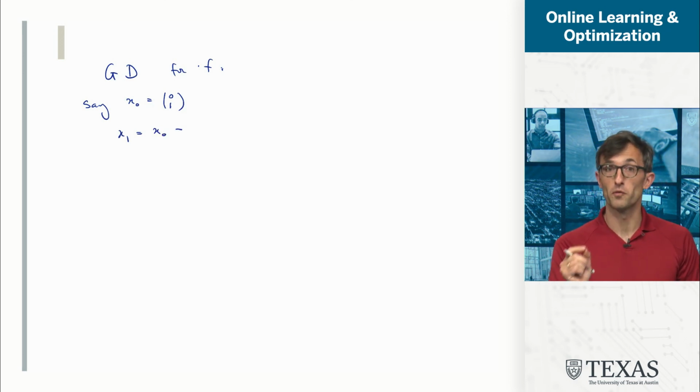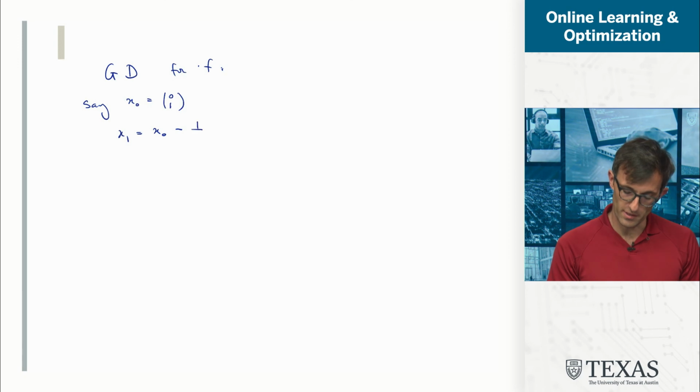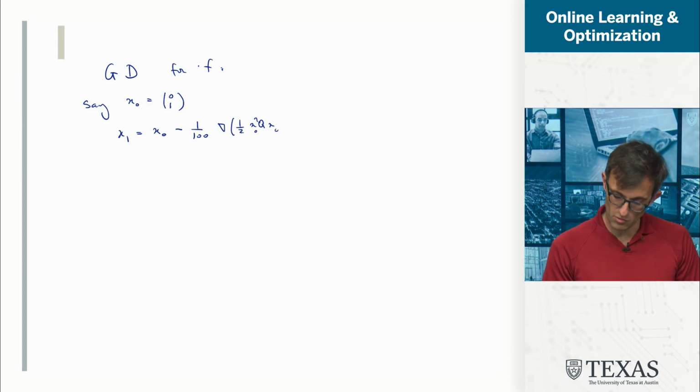What's eta? It's 1 over beta. Beta is 100, so this is 1 over 100 times the gradient of 1/2 x transpose Qx. This is my f. This is equal to x0 minus 1 over 100 times Q times x0.